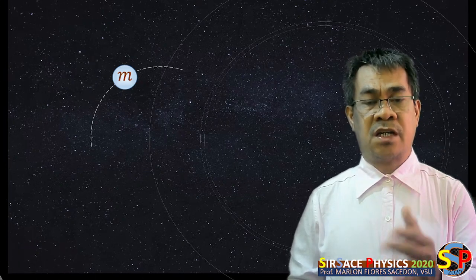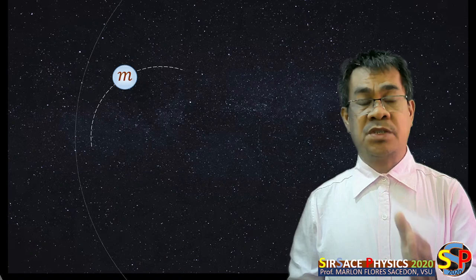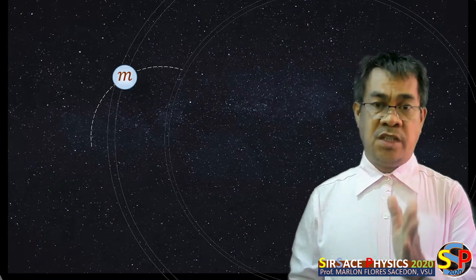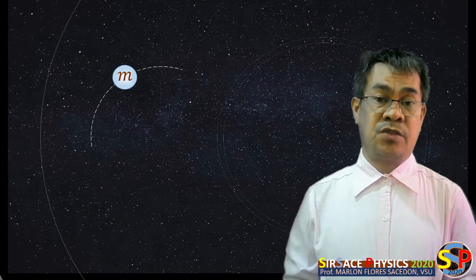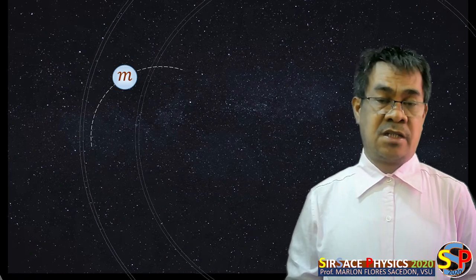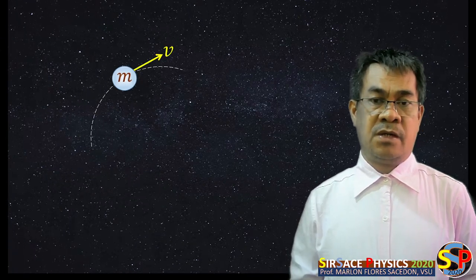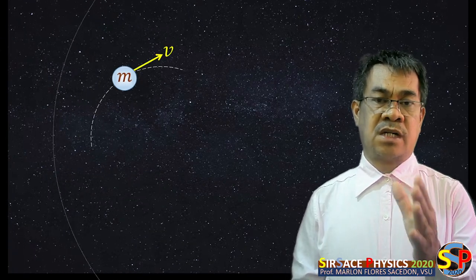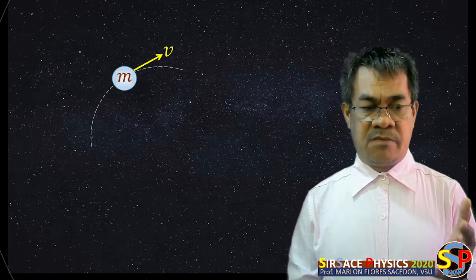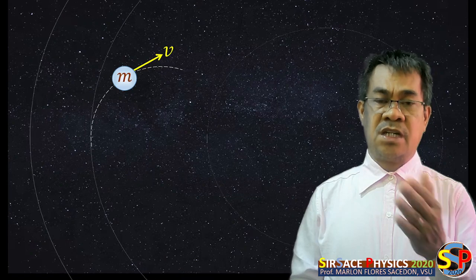The tangential acceleration, which is due to the change in velocity magnitude, and also the change in velocity direction that results in centripetal acceleration. Now, if the particle travels at a constant speed, meaning there's no change in velocity magnitude, then the tangential acceleration is 0.